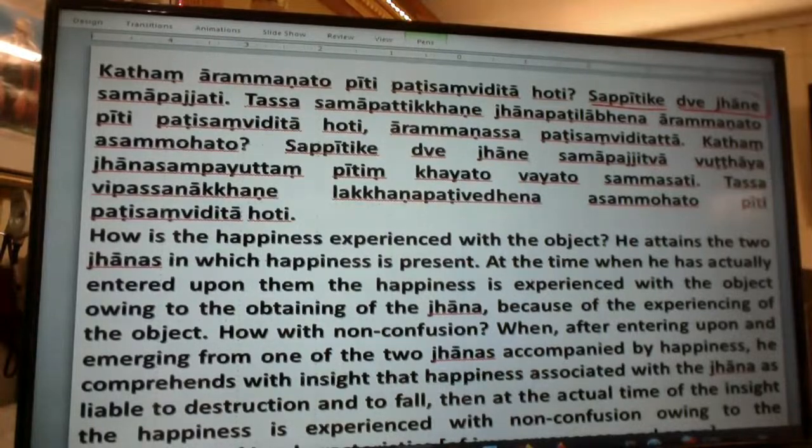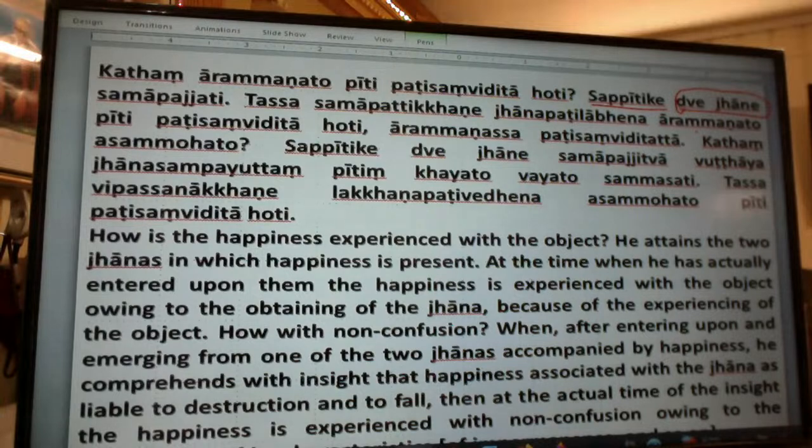Dve jhana, two kinds of jhana. Jhana, absorption: first jhana, second jhana, third jhana, fourth jhana.